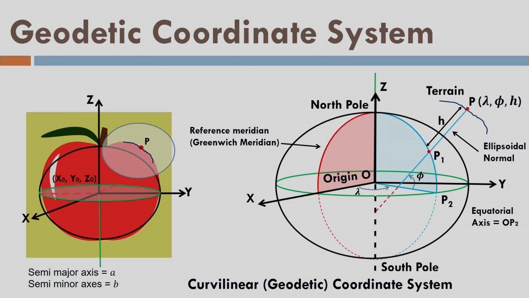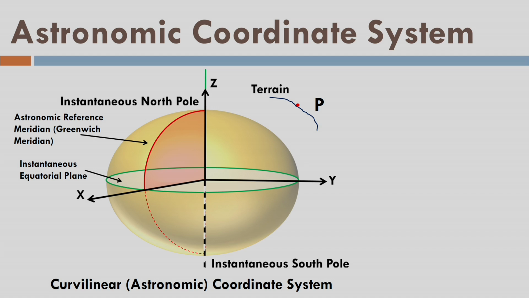So point P is uniquely defined now in a three-dimensional way, and such a system is called the ellipsoidal coordinate system, also called the geodetic coordinate system, or sometimes the curvilinear geodetic coordinate system. So I have a geodetic longitude lambda, geodetic latitude phi and ellipsoidal height h. This kind of figure is available in the book. Let us go to the astronomic coordinate system.